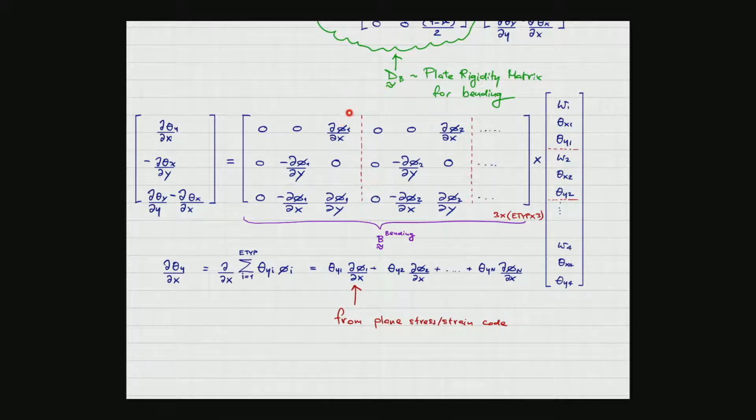You can see that it is very simple now because you have come across the plane problem already. In the plane problem, you have the derivative of the shape function with respect to global coordinates, right?